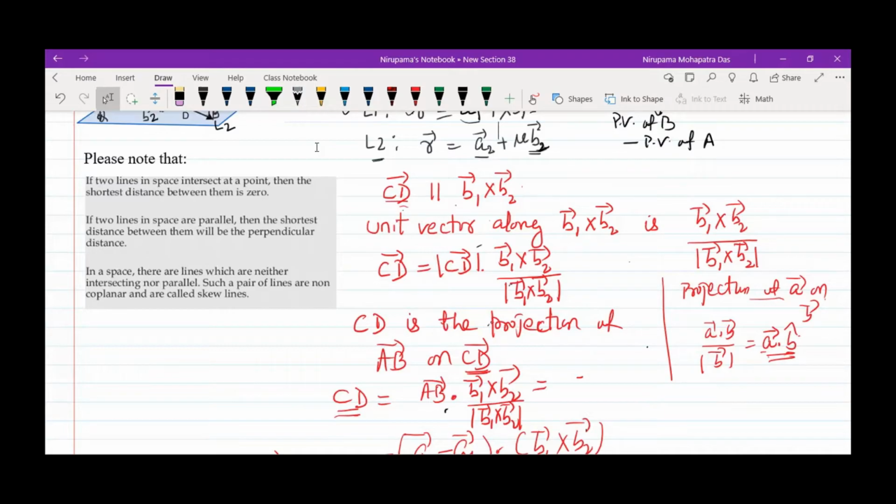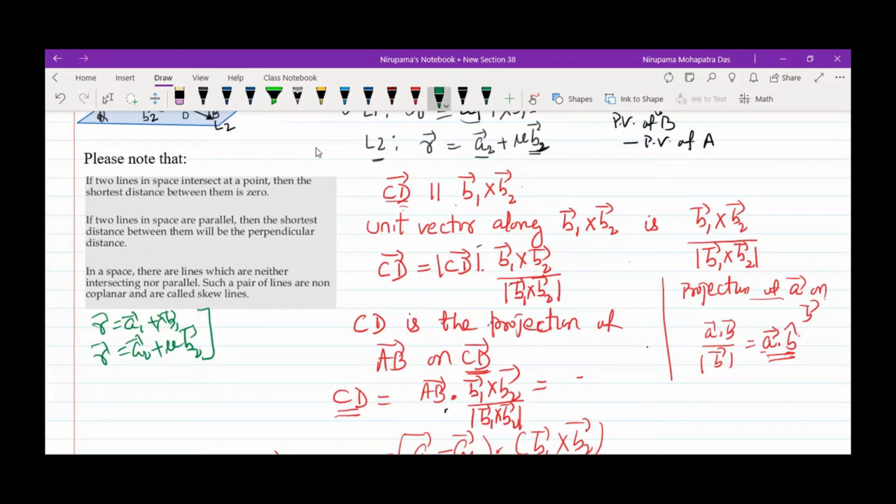Suppose, for example, you are given r equal to a1 plus lambda b1 and r equal to a2 plus mu b2. Whenever we see a question like this, it is very difficult to identify whether they are skew lines or not unless it is written in the question. So these are the cases you may get.